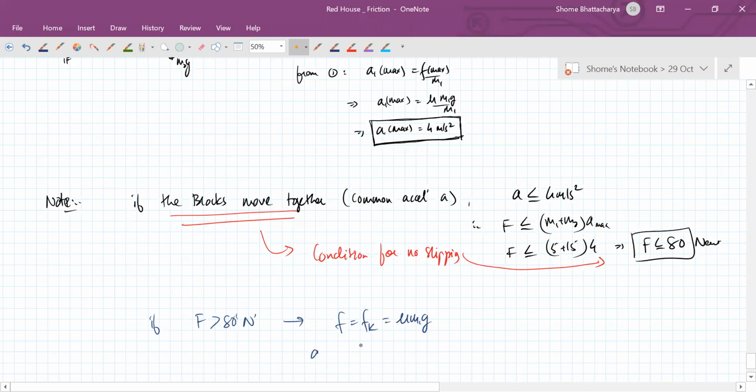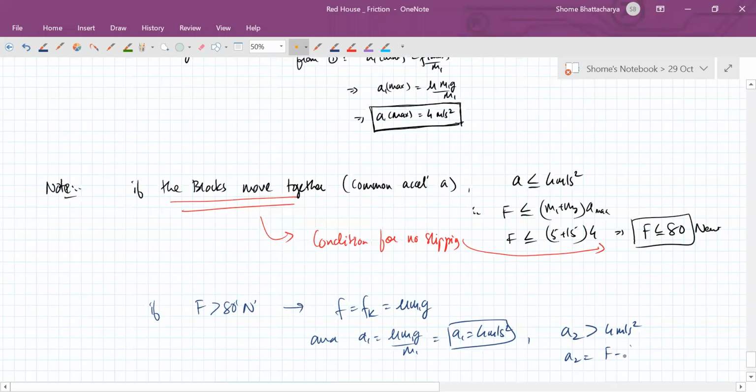And a1 will be mu m1g divided by m1, so a1 will be 4 meters per second square, whereas a2 will become greater than 4 meters per second square, because a2 is going to be F minus kinetic friction divided by m2. You can see, because your F is greater than 80 newtons, this is going to be greater than 4 meters per second square. Immediately you can understand this. So this becomes the condition for slipping.